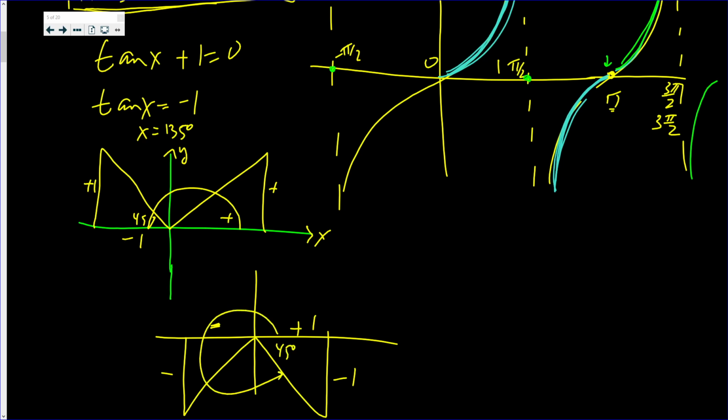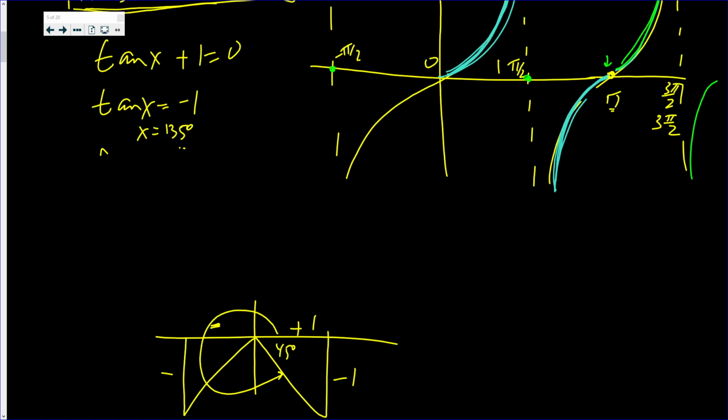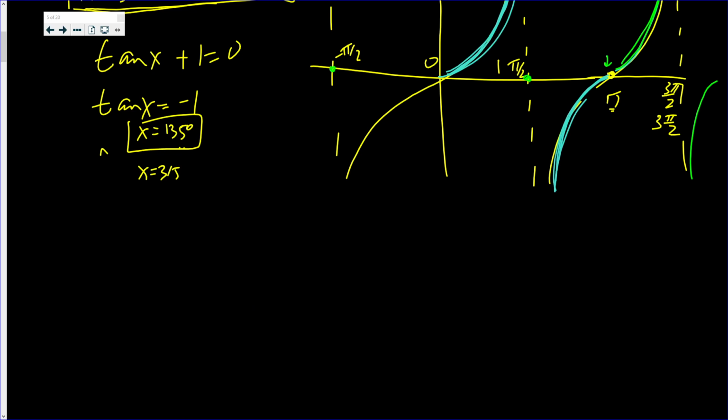So this angle will be 360 minus 45, which is 315. I claim that you don't need that. Let's see if I'm wrong or not. So I claim you don't need the bottom one. So now, the question is, what is the answer? Because that's only one answer.